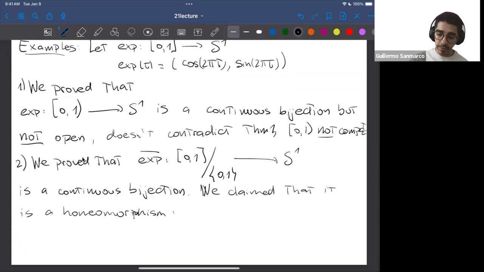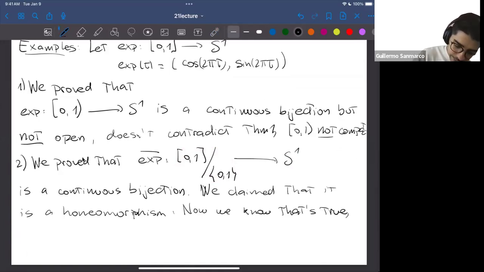We know it's true because this guy is compact, a quotient of compact, so compact. And this guy is Hausdorff. Thus, we apply our theorem to this compact space, and it's compact because it's the image of a compact.